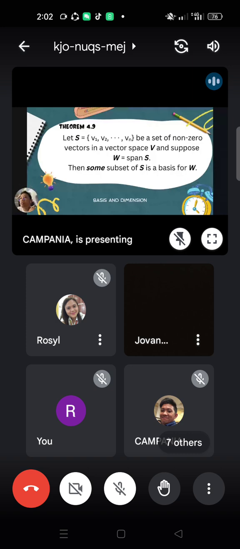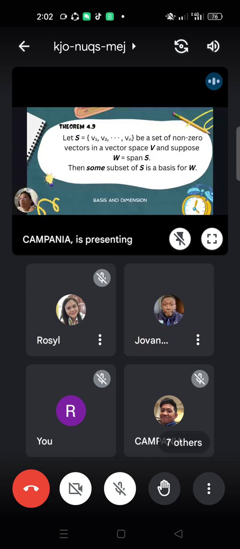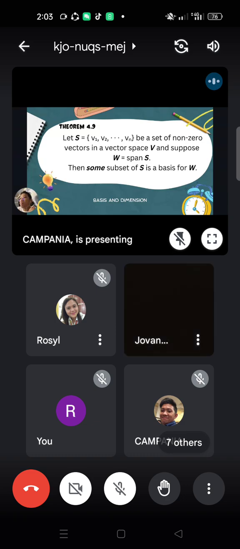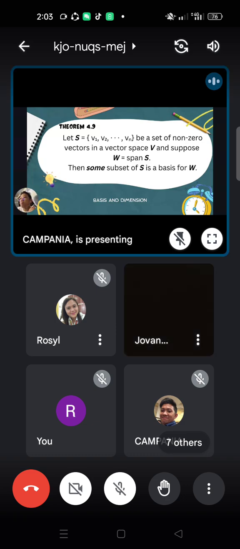Let S be a set of non-zero vectors v1 to vn in a vector space V, and suppose that W is equal to span S. Then some subset of S is a basis for W. So some subset of S can be a basis for W. We have two cases.